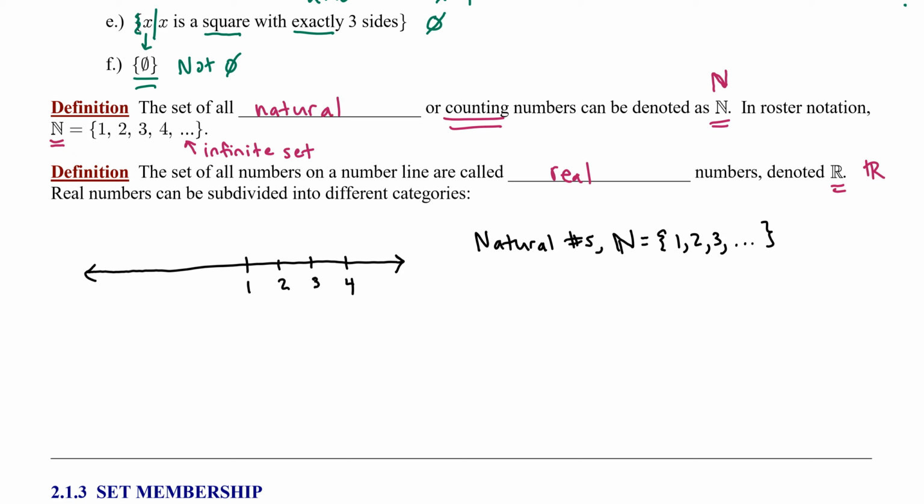Now, if I add a single value to that set, 0, we end up with the set of whole numbers. Whole numbers have a special symbol as well. It's the W with the double bar on the left. This contains the elements 0 plus all of the counting numbers. It is also an infinite set, but it has one more element than the set of natural numbers.